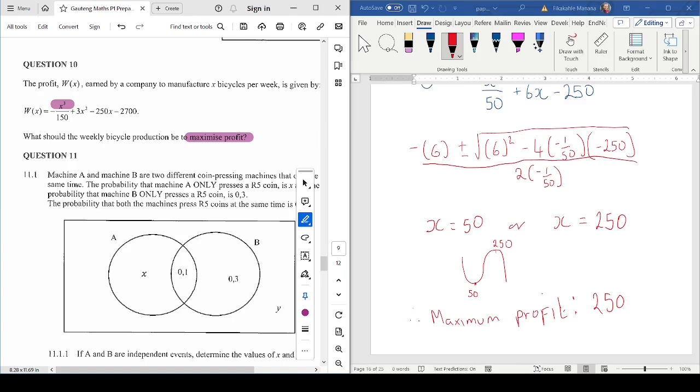What should the weekly bicycles? So remember, X is the bicycles, right? X is the bicycles, and they're asking what should the weekly bicycle. Read the English. So it's 250. X represents bicycles, so it's 250 bicycles.